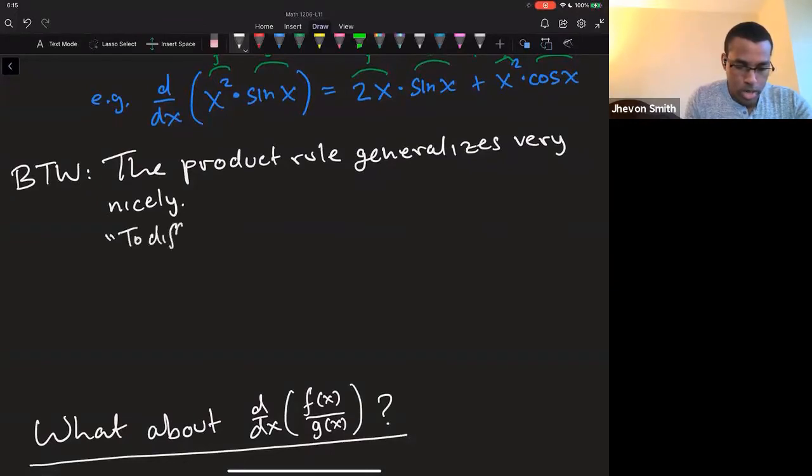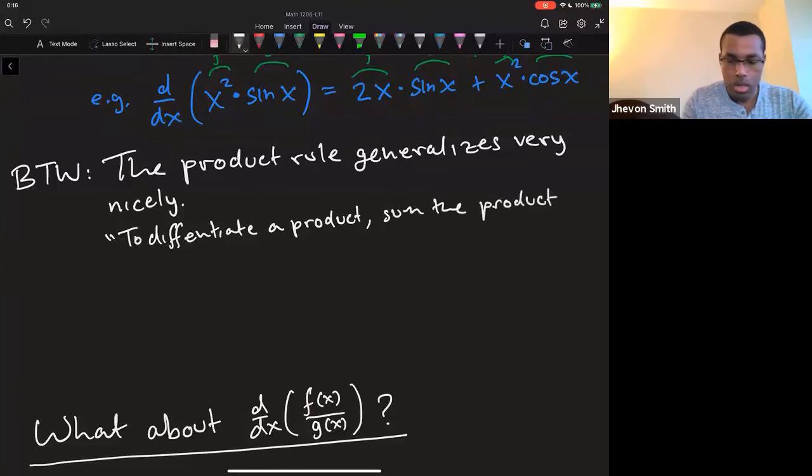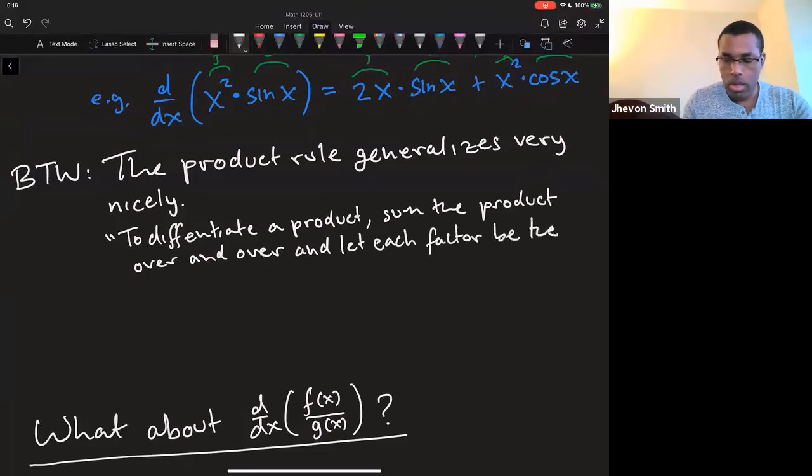To differentiate a product, sum the product over and over, and let each factor be the... I don't know, it's kind of weird to say it in words.